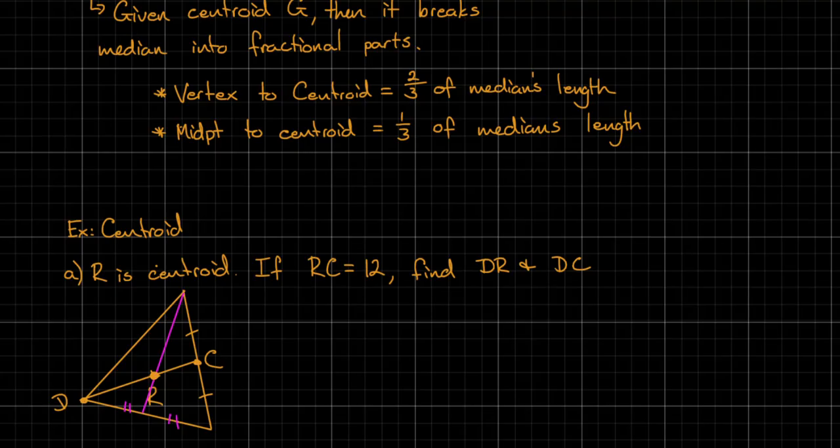If it's not super obvious, you can still do these problems. As soon as I recognize that connection, whatever this distance is, R to C, this is always going to be twice as long if it's 1/3 and 2/3. Always. It's strange when we see it, but not everybody can see that right away. That's okay.